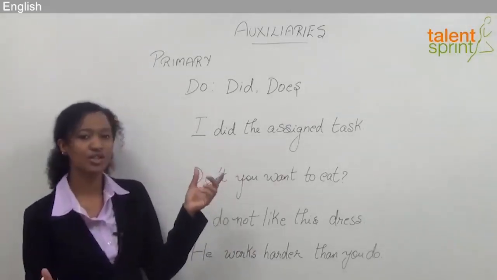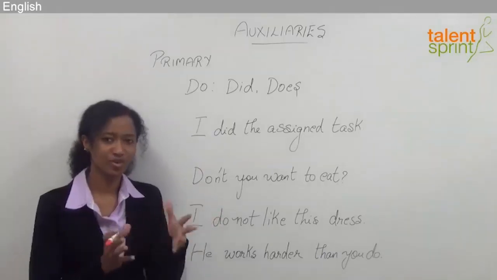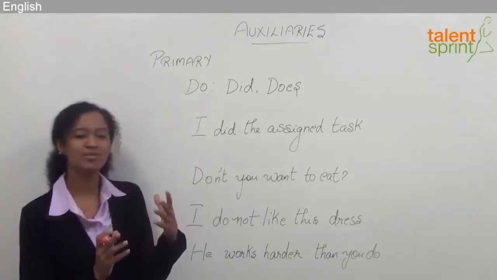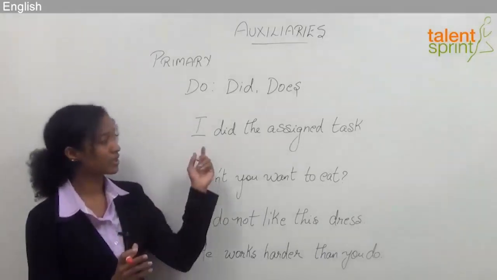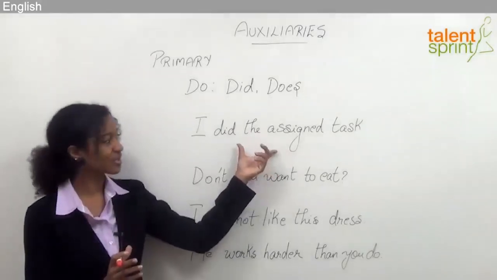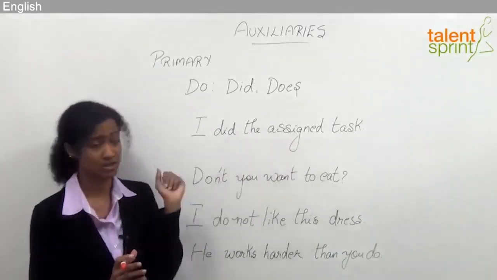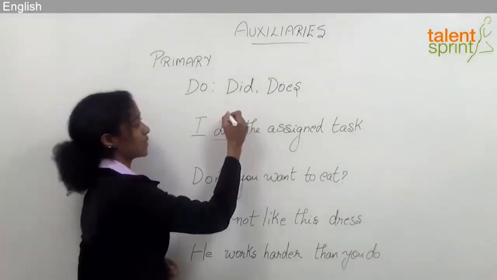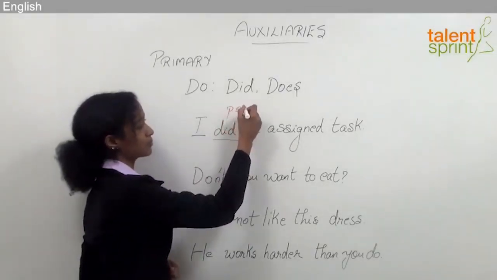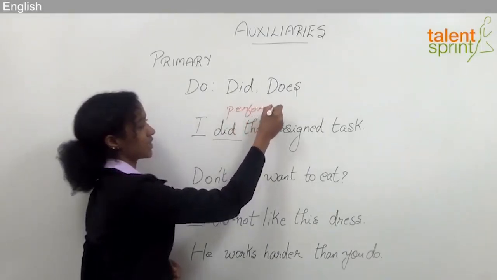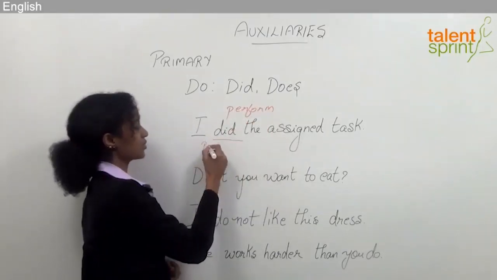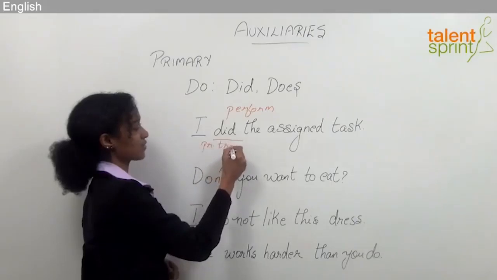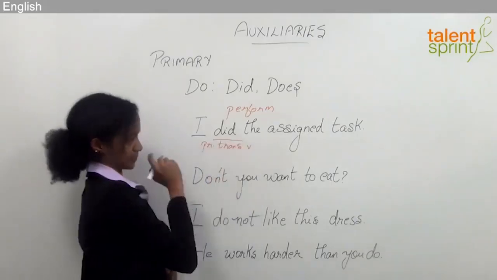So there it's giving us the meaning of performing something, right? And it is the principal transitive verb taking a direct object. Here in this case, the direct object is the assigned task, right? So here, the meaning is perform, and it acts as a principal transitive verb.